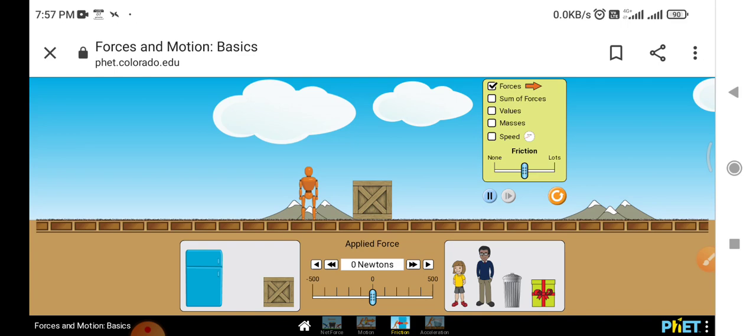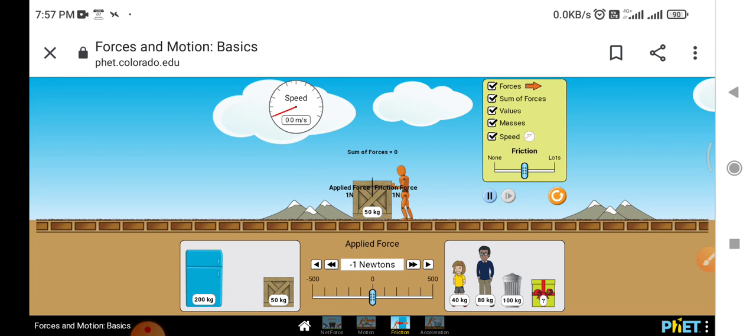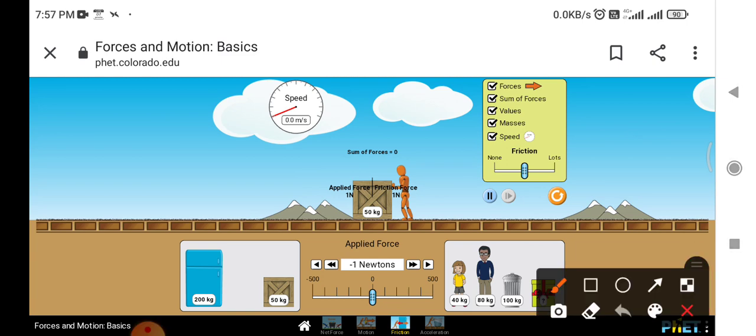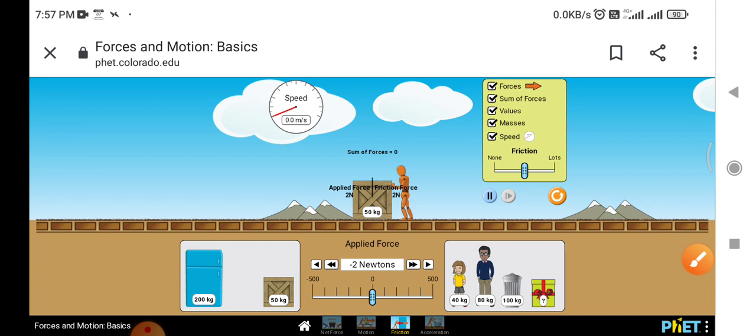Next we will try the opposite force. If the force is applied in this direction, here this is the force direction, the frictional force occurs in the opposite direction.